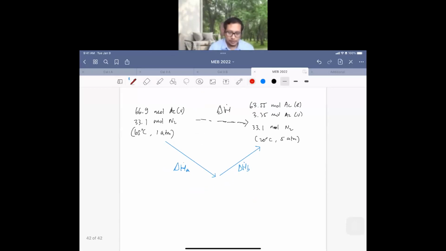So the reference conditions: we take the reference conditions for the acetone as liquid at 20 degrees Celsius and 1 atmosphere, and 33.1 mole of nitrogen at 25 degrees Celsius and 1 atmosphere. That's our reference that we take.